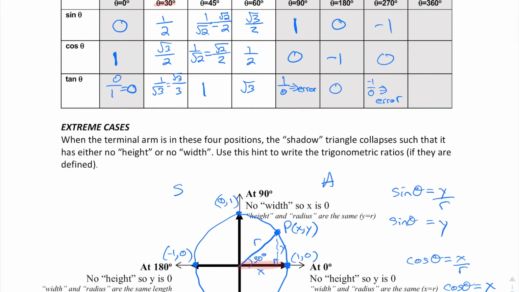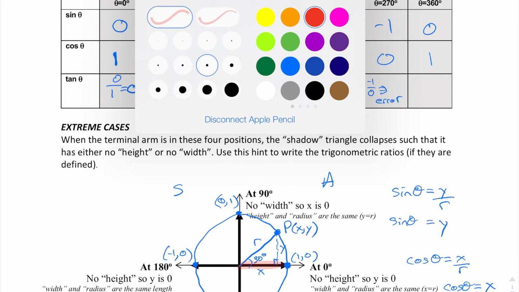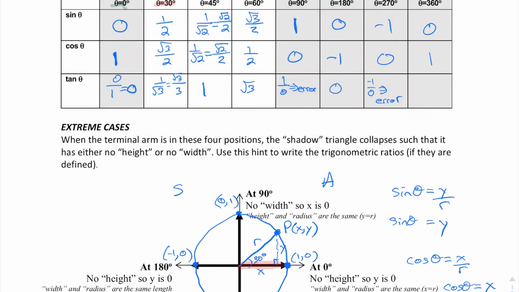And then when we're all the way back to 360, we should get the same as sine of 0 because we're at the value where x is 1 and y is 0. So we end up with the same things as the other column here. So I'll just highlight these two. This column and this column should be the same because it's really the same angle.